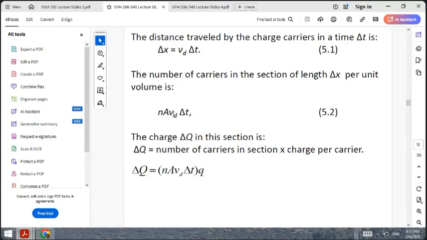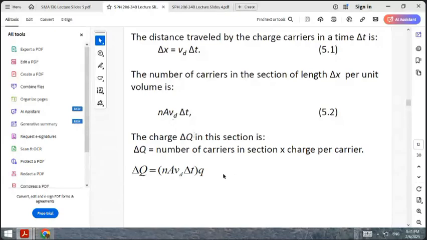So the number of carriers in that small element of the material is n, because n is the number of carriers per unit volume. And the volume we have said is A, the cross-section area, multiplied by v, which we are calling drift velocity, and delta t is the change in time.